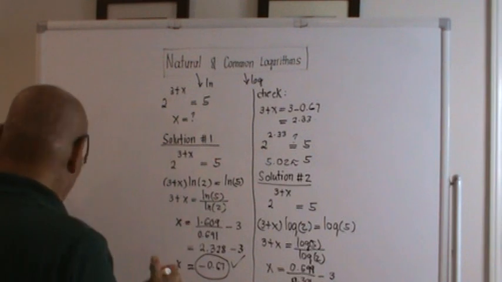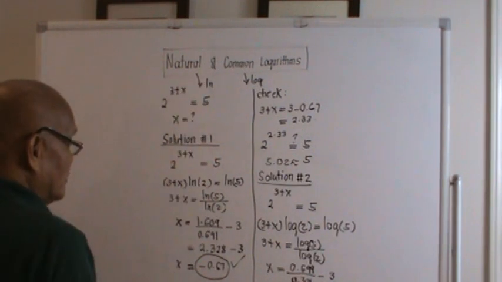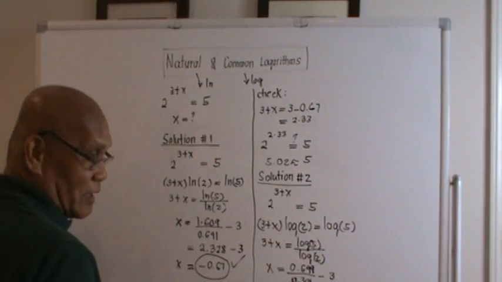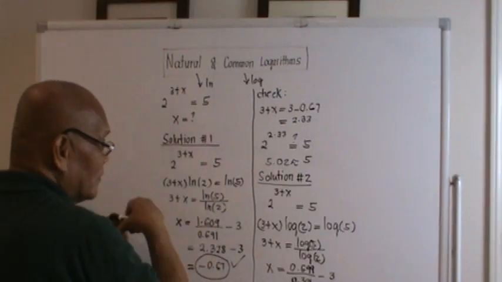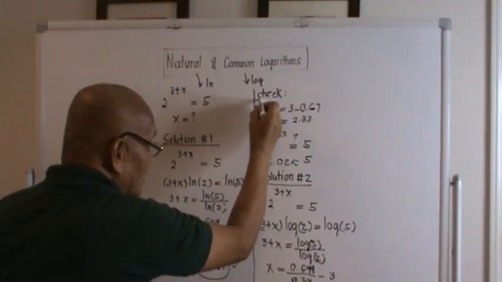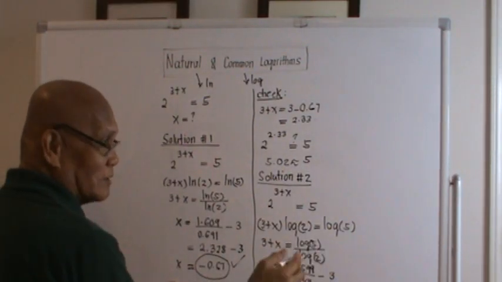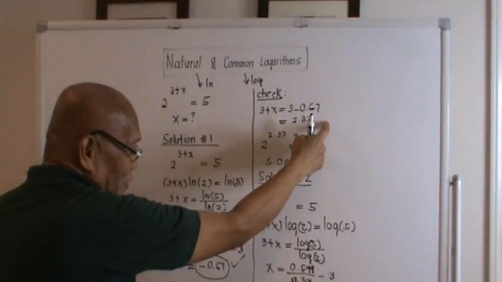From the first solution, by using the so-called natural logarithm, the value of x is still negative 0.67. And again, as a check to the validity of our answer, x is negative 0.67, like what I said. If we take the sum of 3 plus x, that will be 2.33.